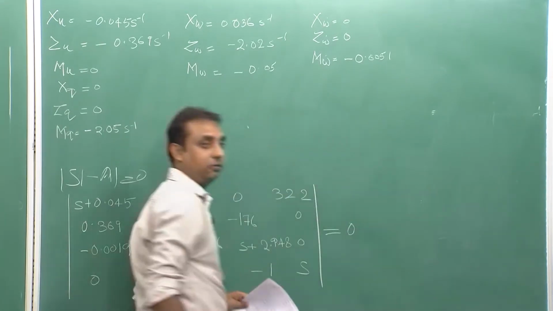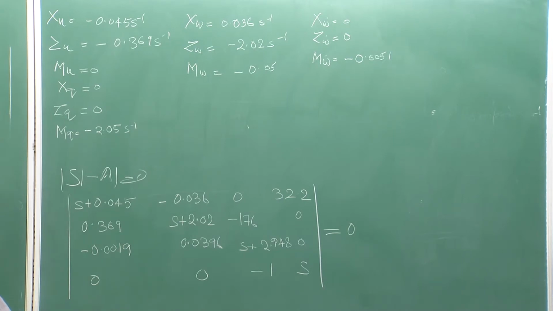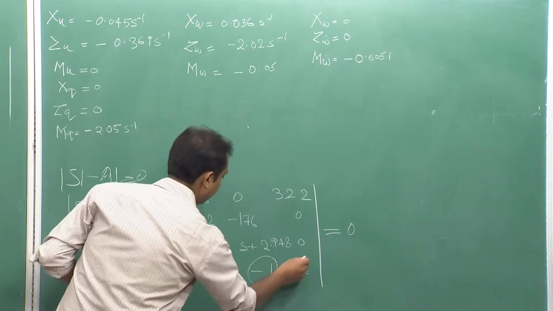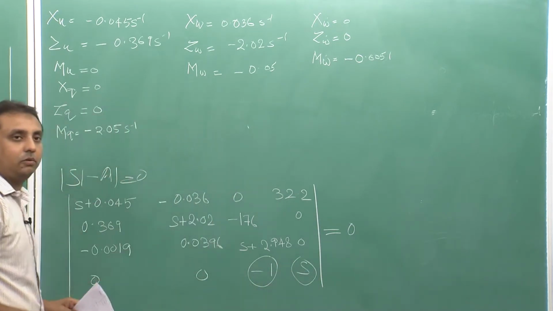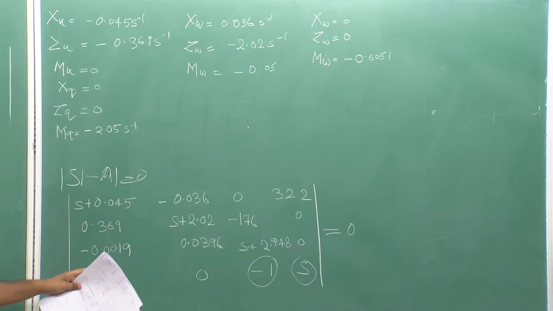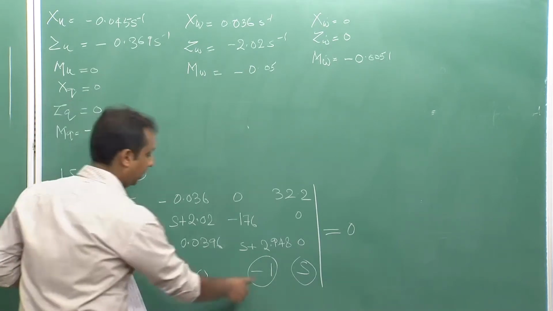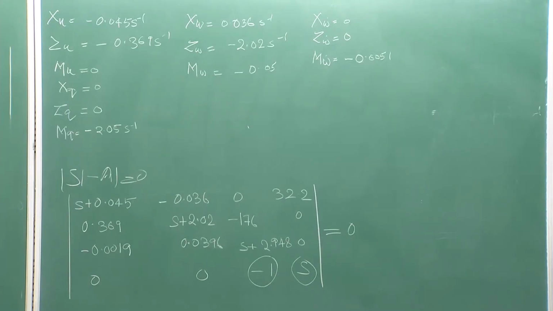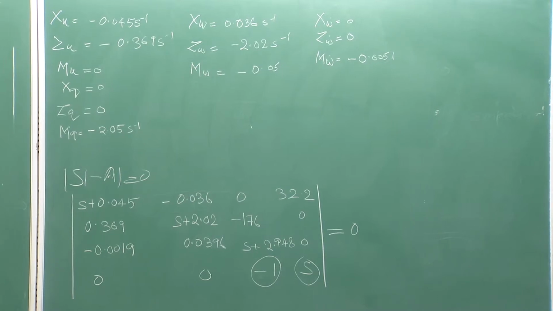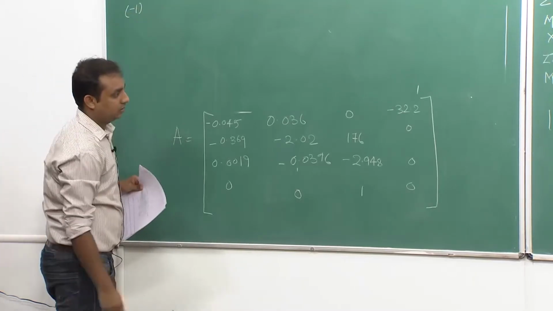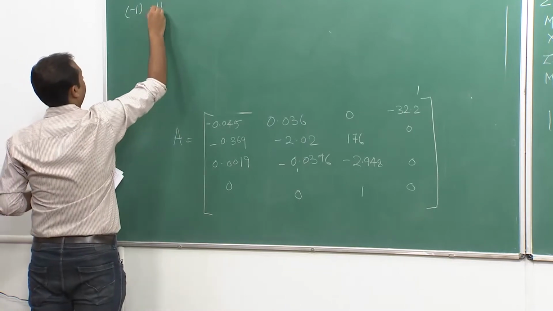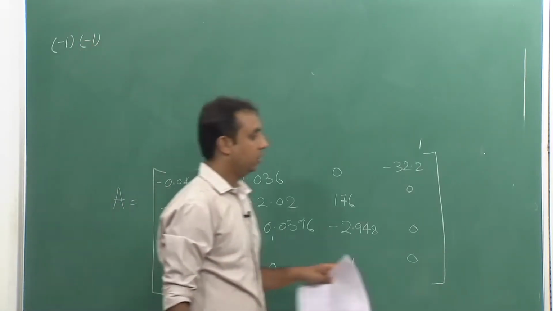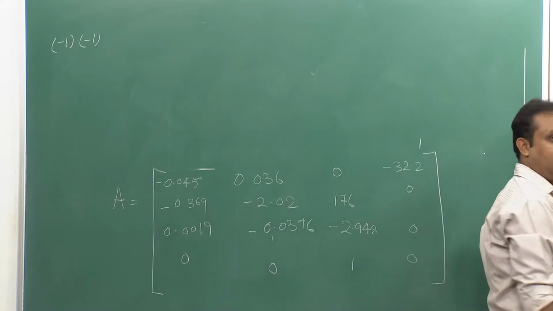Since this is a 4 cross 4 matrix, the best strategy is to go for minimum calculation. So I will be choosing this element and this element, because like that I only have to calculate the determinant of 2 submatrices. The general formula for calculating the determinant will be that element times minus 1 to the power of the location of that element, the row and column sum.